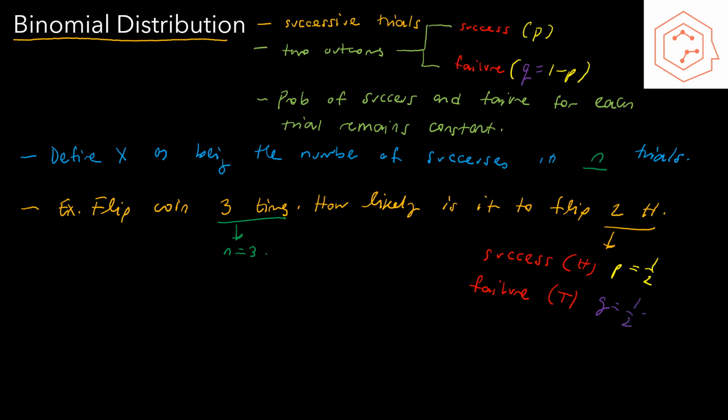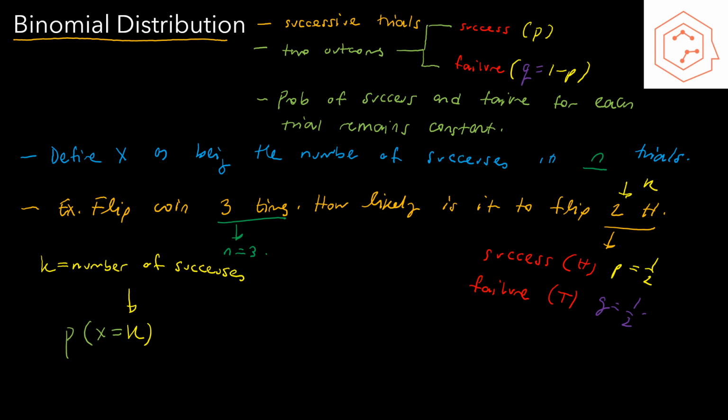And the formula for this distribution, which we'll explain as we do the example, but I'll just give you the formula for now, is P of X equals k. So k is the number of successes. In this case, k is equal to 2, since we want to flip 2 heads out of these 3 trials.